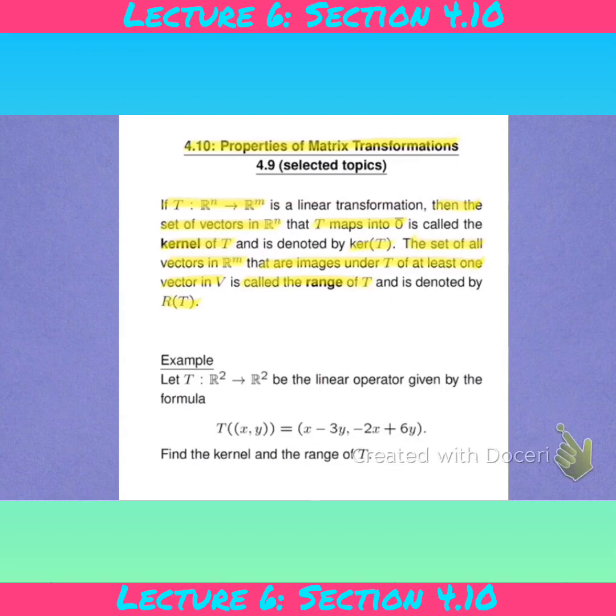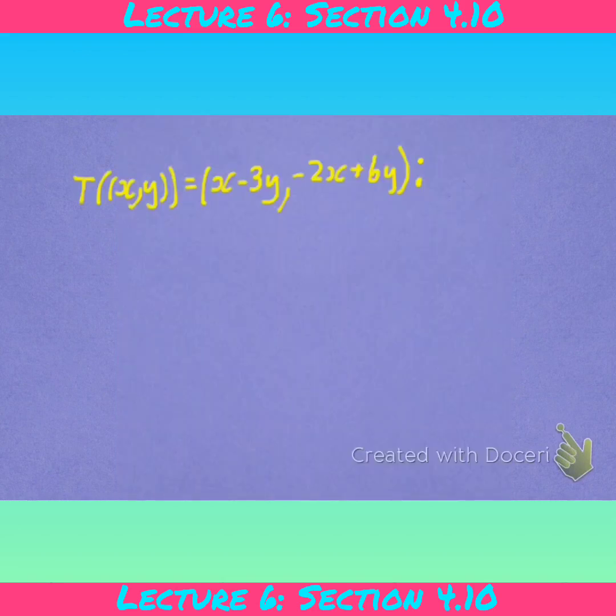Right, so as an example, here they give us a linear operator with that formula there, and they ask us to find the kernel and the range of T. So there's T at the point x, y. What is the kernel?